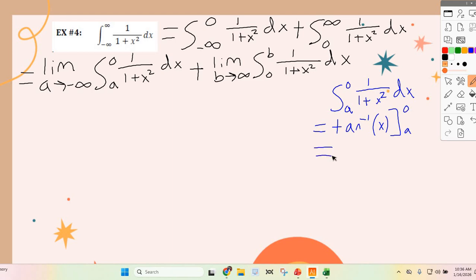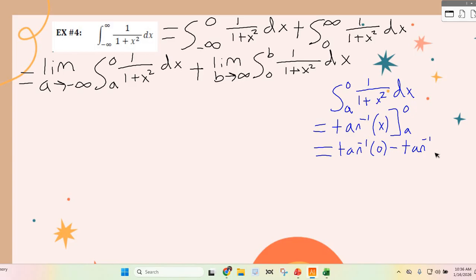Which one am I plugging in first? 0. Now, a lot of the time it's okay if we leave it as tangent inverse of whatever, which you still can do here. However, because we have a lot going on with this question and we're going to be looking at two different limits, it is really going to be helpful if we remember what our tangent inverse of 0 is. Do we remember what our tangent inverse of 0 is?